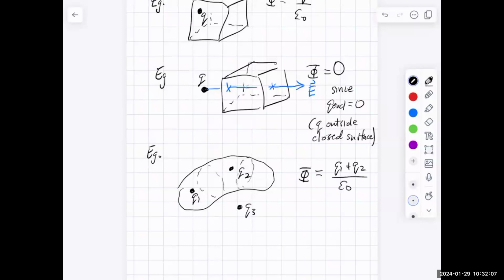So we only have to think about the charge that's inside. Q enclosed is Q1 and Q2. Q3 is outside. It doesn't count.